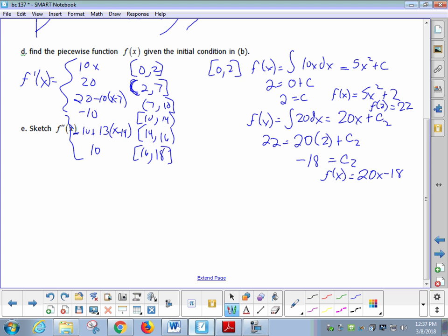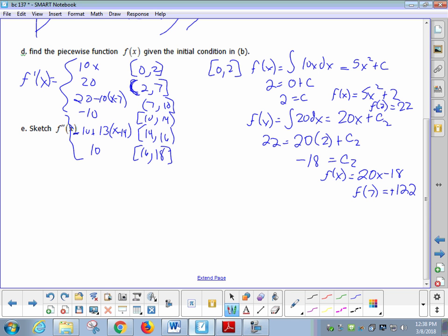Those should be continuous. They should meet at 2. And if you put in 2, you would see that they do meet. Now, this one left off at what point? 7. The y value it left off at was 140 minus 18, or 122. I don't know why I put a negative there.